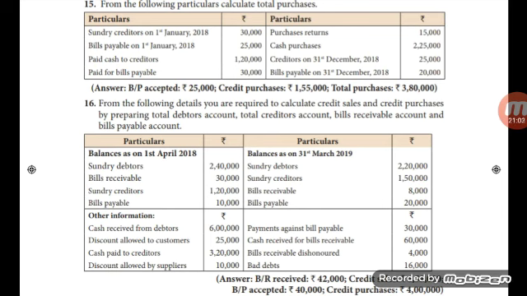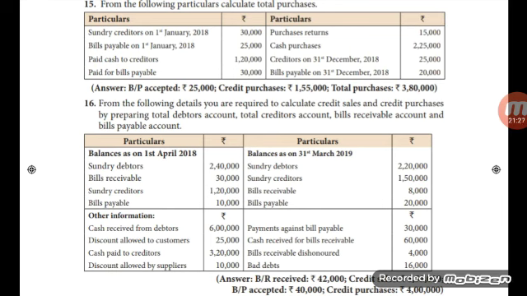Cash purchase, children, no need to take. It is for calculating total purchase. No need to take that here. Next, closing creditors as to balance carried down 25,000. Then while balancing, you will get credit purchase 1,55,000.